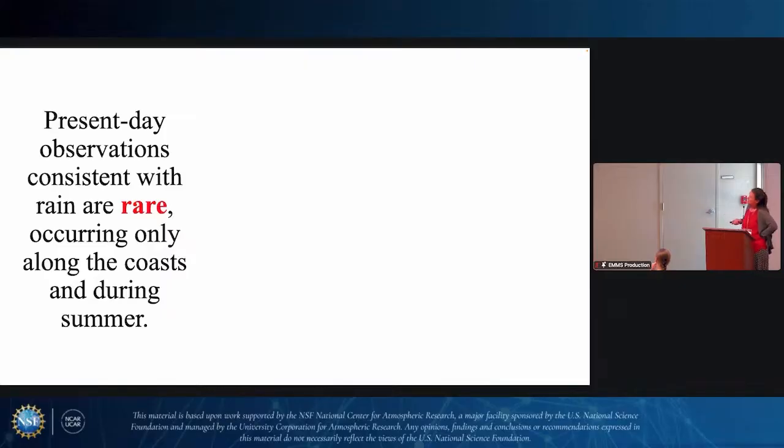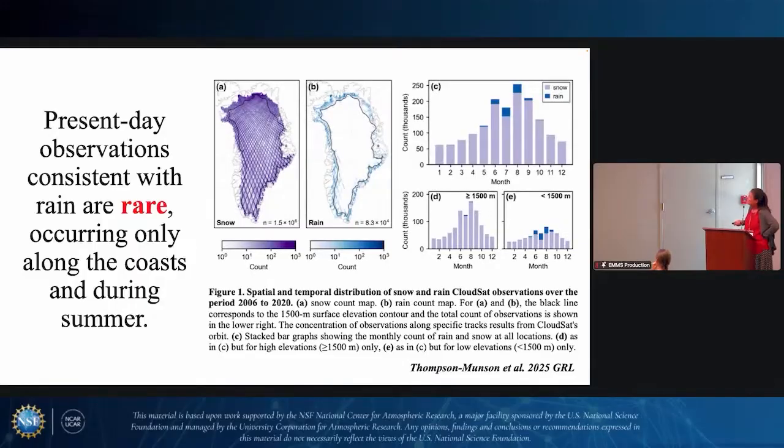The present day observations are really consistent with rain being pretty rare, only along the coasts and during summer. So this is figure 1 from the paper, accumulated over 2006 to 2020, a map of where it's snowing and raining in A and B, and then the seasonal cycle of that.